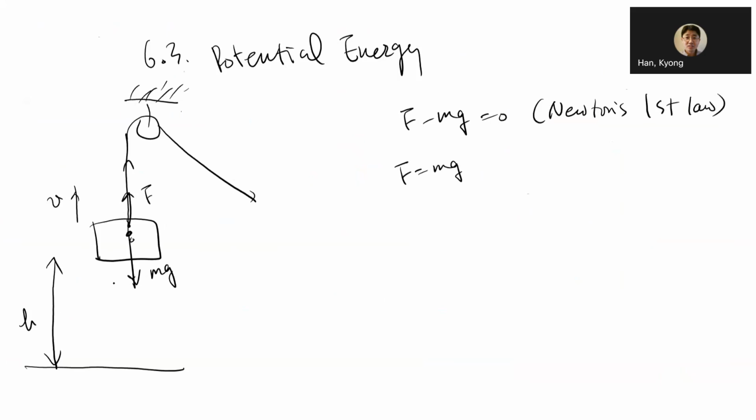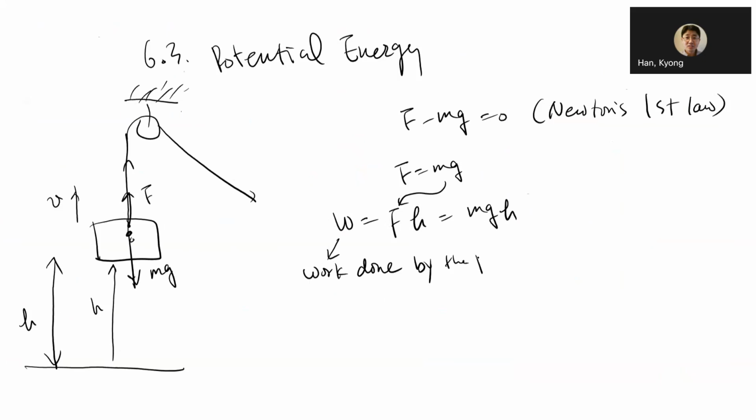Then what is your work? You move it to h. Your work is W equal to F times h, and since F equal to mg, that is mg times h. This is the work done by the pulling force, the lifting force, the force lifting the crate.